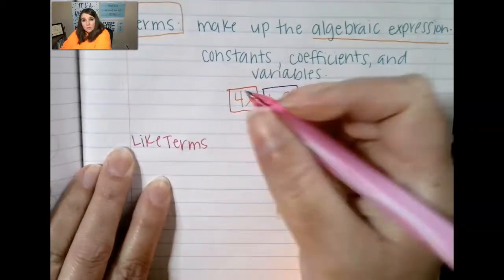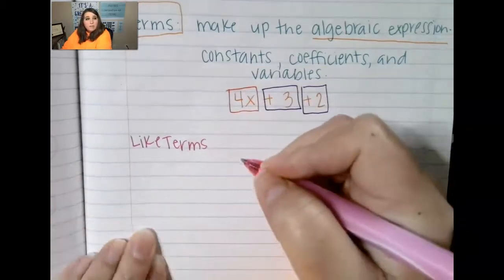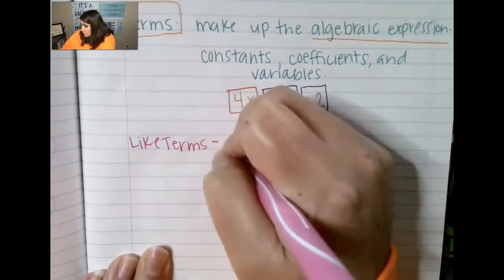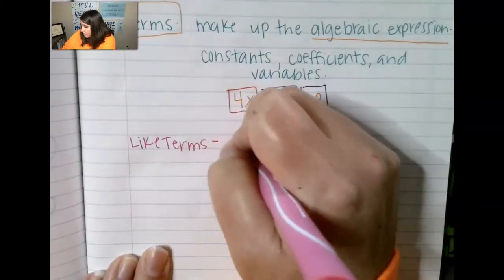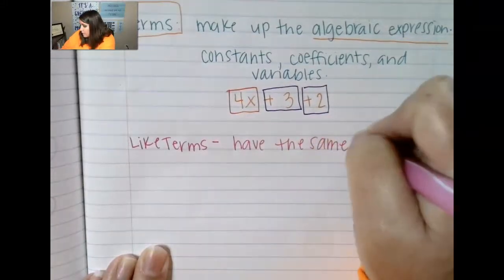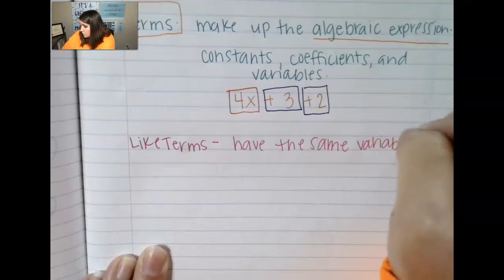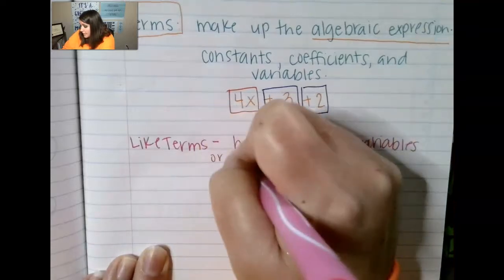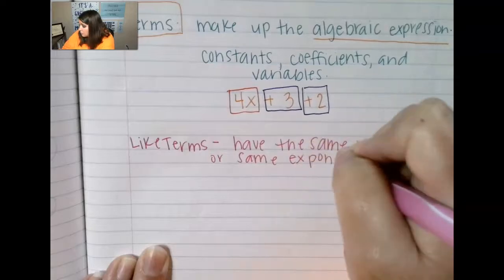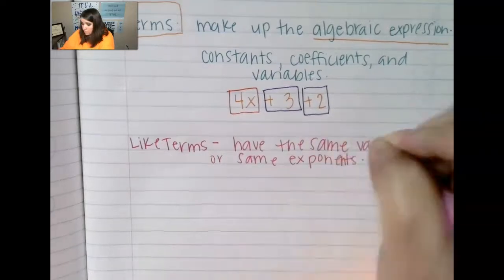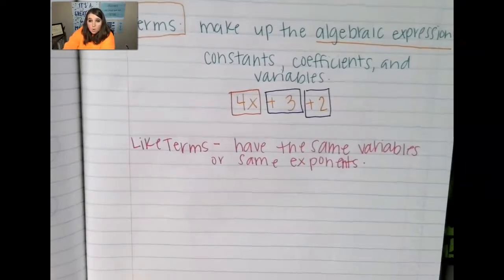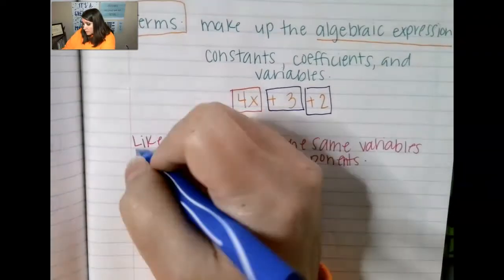So terms, each of these parts, but they are the things that have the same variables or same exponents. Okay, so they're the terms that have the same variables or the same exponents.